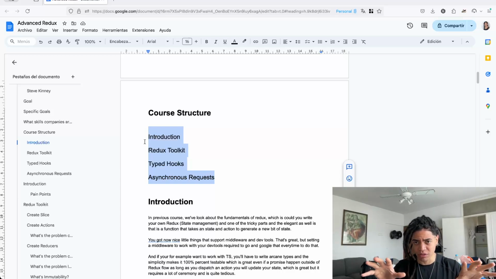Because we want to manage that state on the client side, there are certain patterns or architectures that allow us to do that in a way that is easy to maintain and debug as well as read. So that is the Flux architecture.